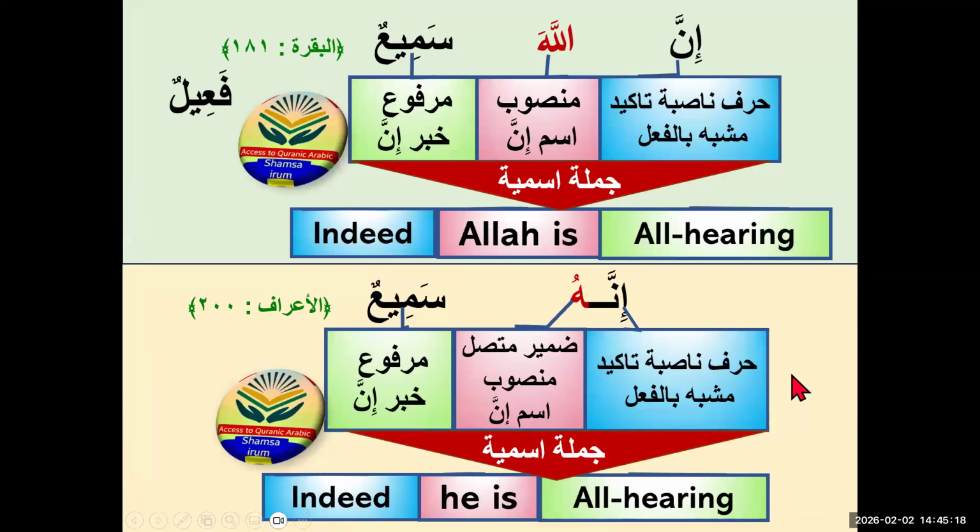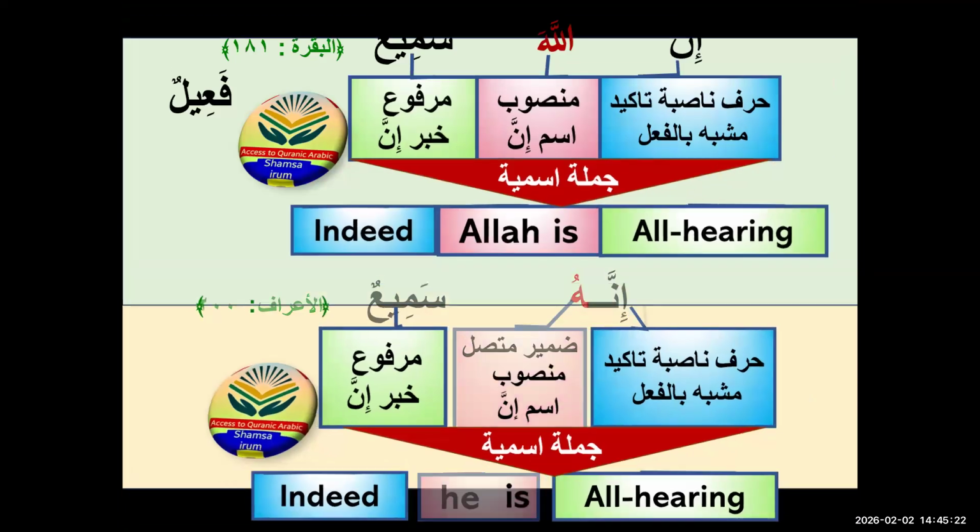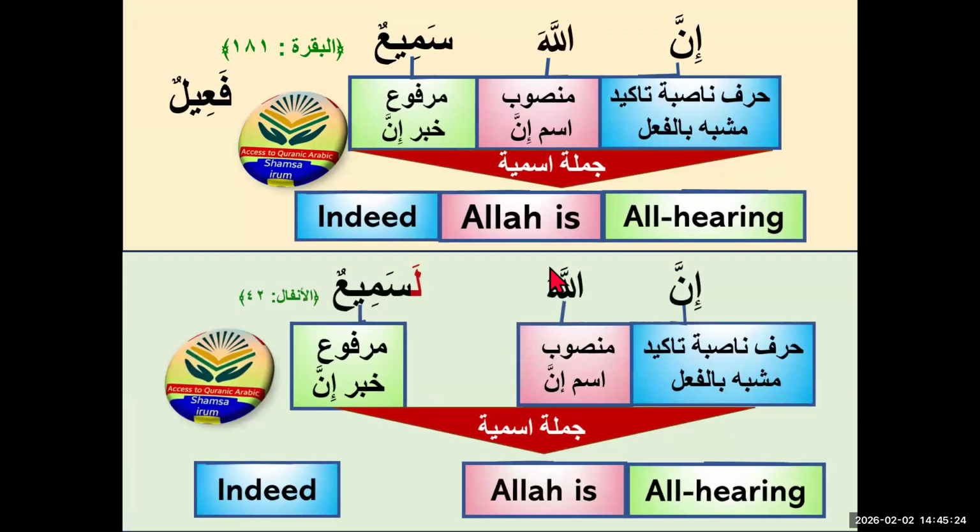Okay, one more part which I use again in this lecture. So let's move on. As you can see, Inna Allaha lasami'un. Look, exactly the same thing, with only one difference in this part of the ayah: this lam is added. This la is lamu tauqeed muzahlaqa.